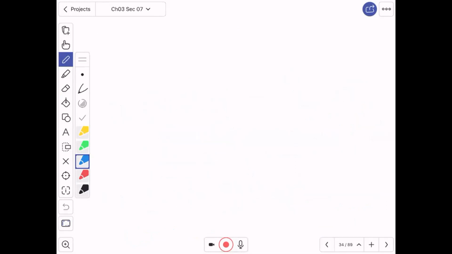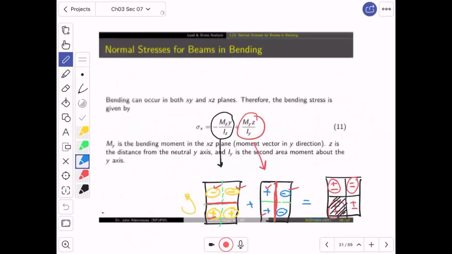This equation? Yeah, this equation. This equation is for two moments, one about Z, one about Y, both of them are creating normal stresses in the X direction.